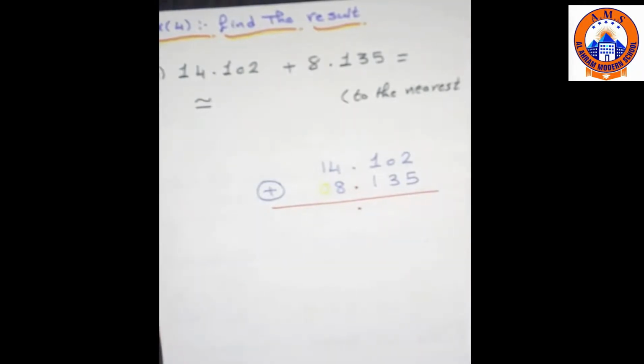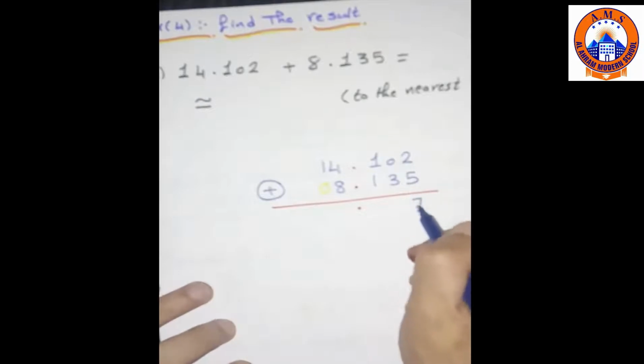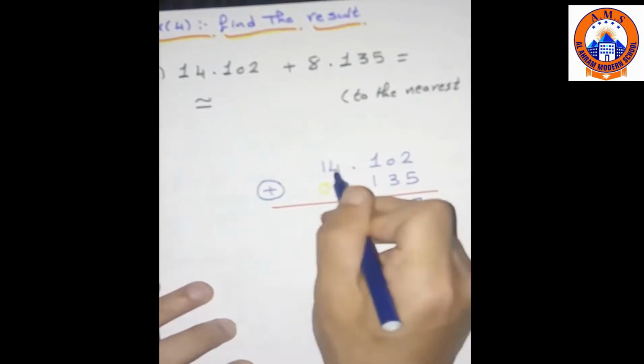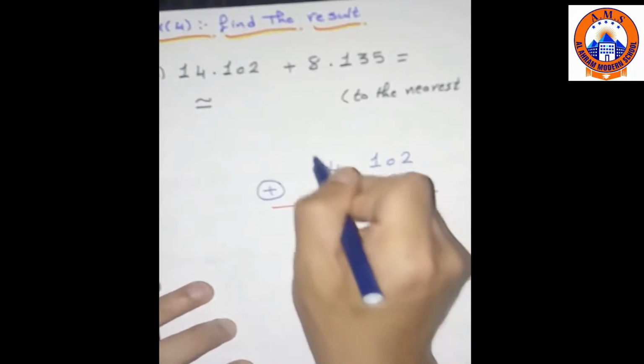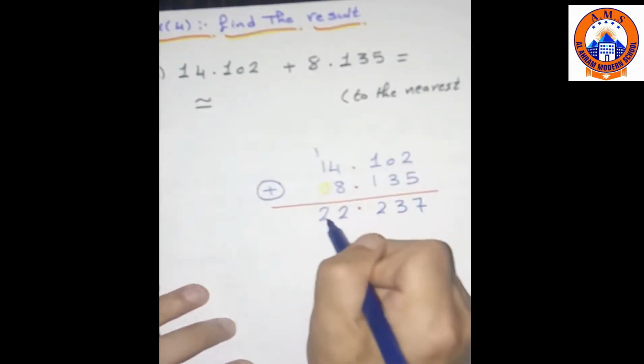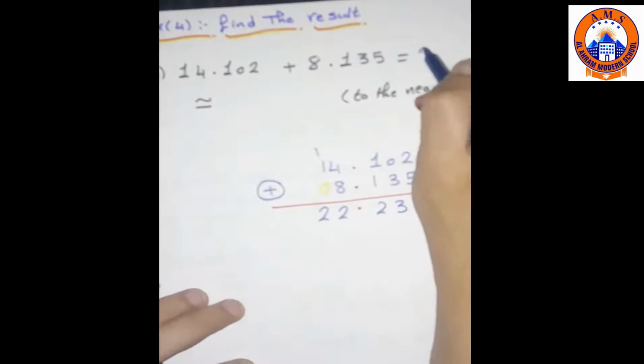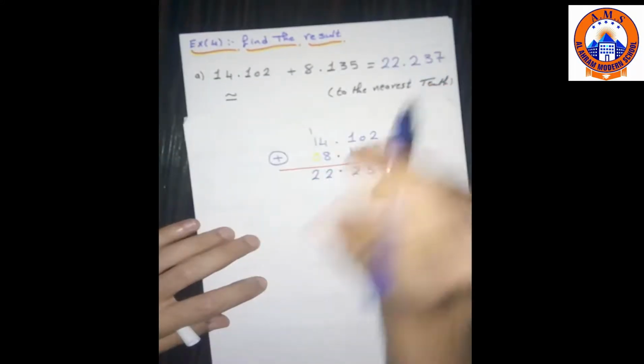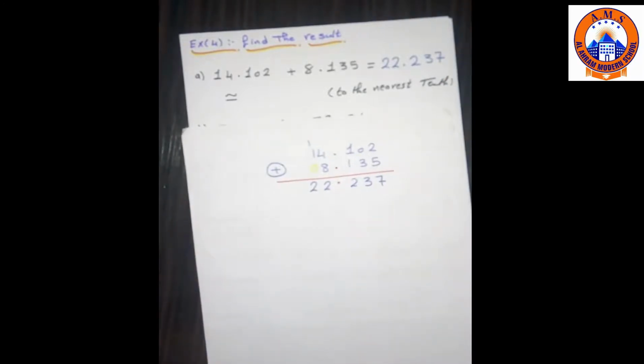Then we're going to add: 2 plus 5 equals 7, 0 plus 3 equals 3, 1 and 1 equal 2, 4 and 8 is 12, 2 and carry 1, 1 and 1 is 2. So the result is 22.237.